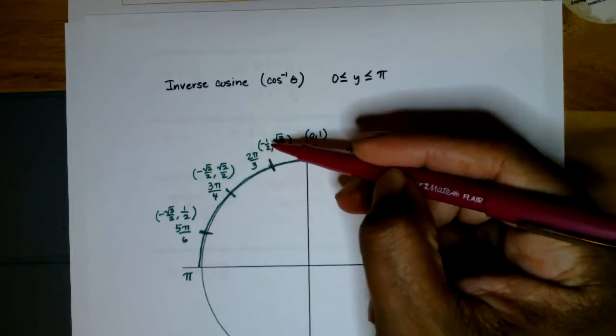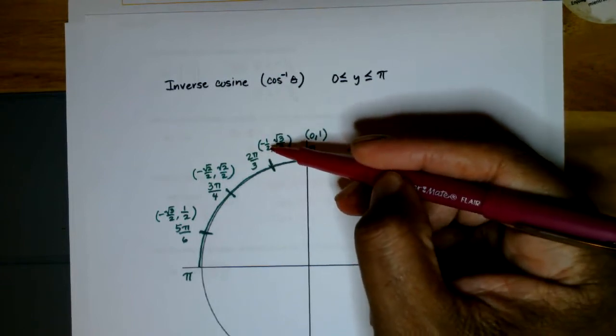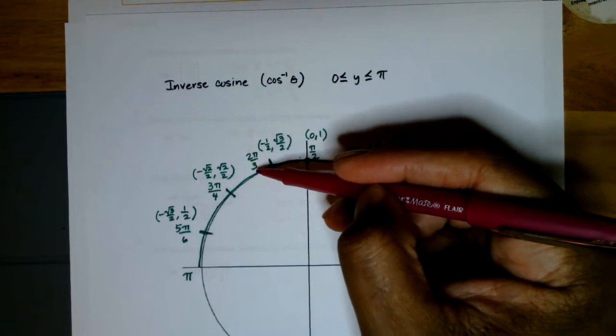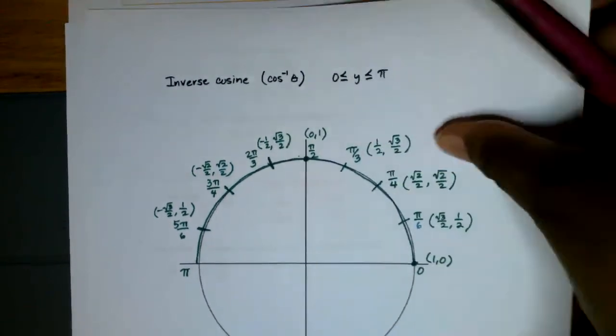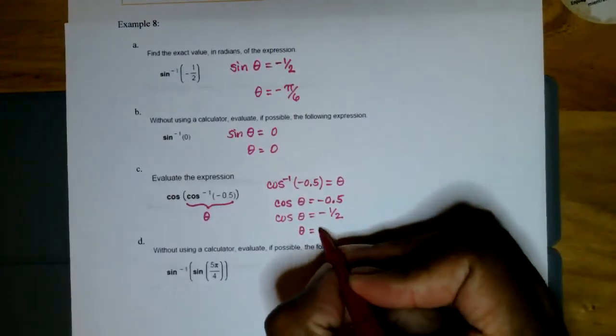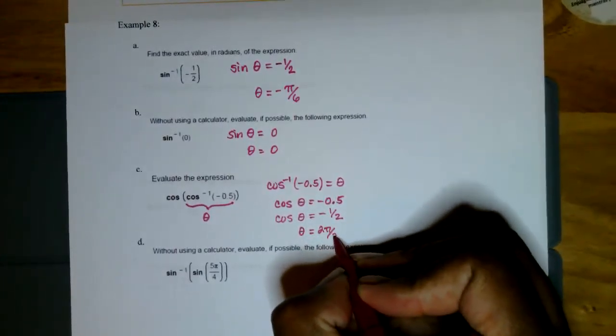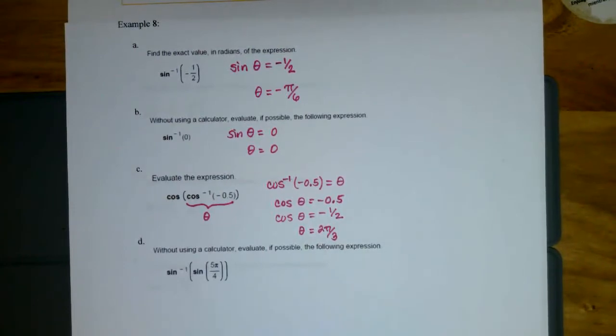And here it is right here, negative 1/2. The angle that corresponds to that will have to be 2 pi over 3. Okay, so angle theta would be 2 pi over 3.